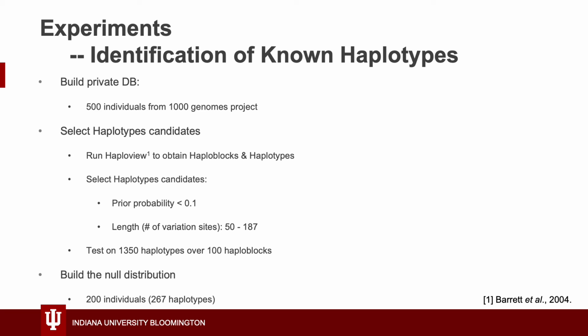In total, we tested our methods on 1,350 haplotypes over 100 haploblocks, and we further built the null distribution over the other 200 individuals to compute the test statistic of the hypothesis test.